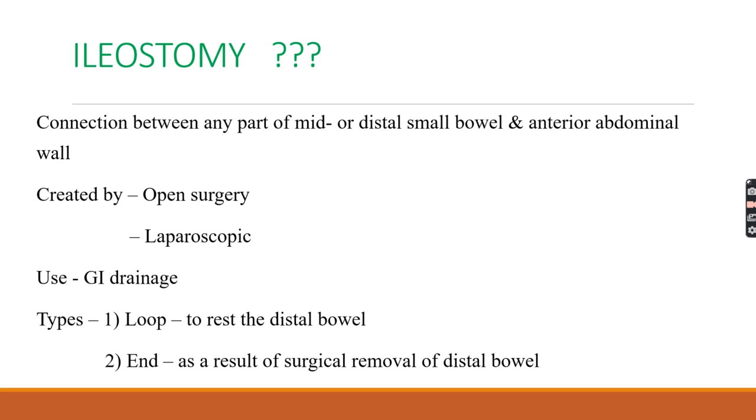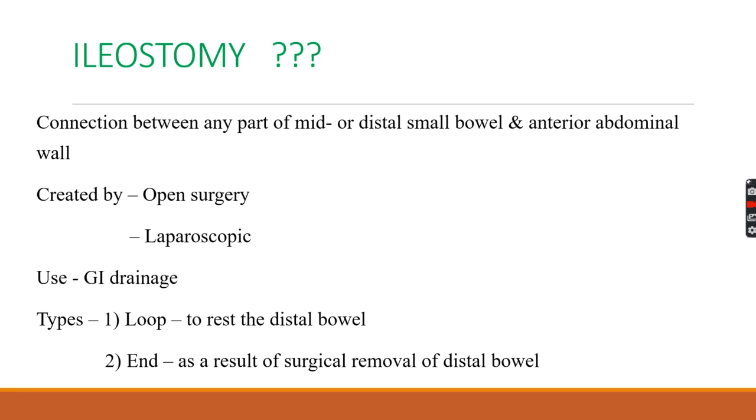Whenever we want to drain the gastrointestinal system, this is an option, ileostomy. To be more specific, there are two types of ileostomy most commonly performed, the loop ileostomy or end ileostomy. There are other classifications, but just remember these two types.